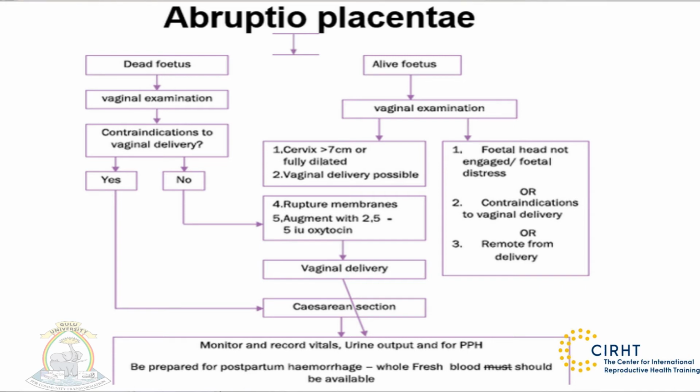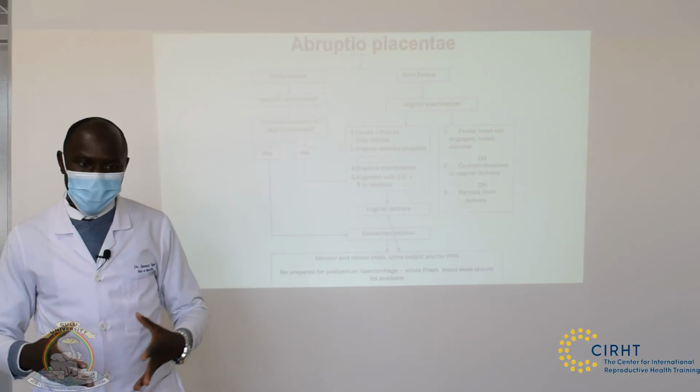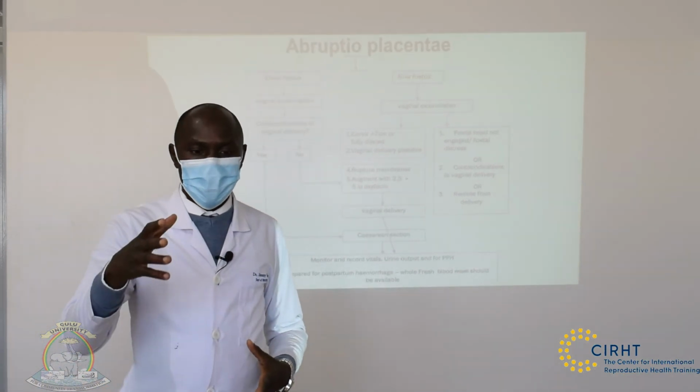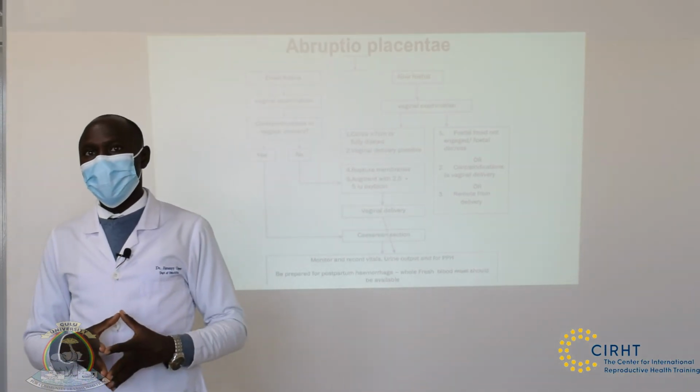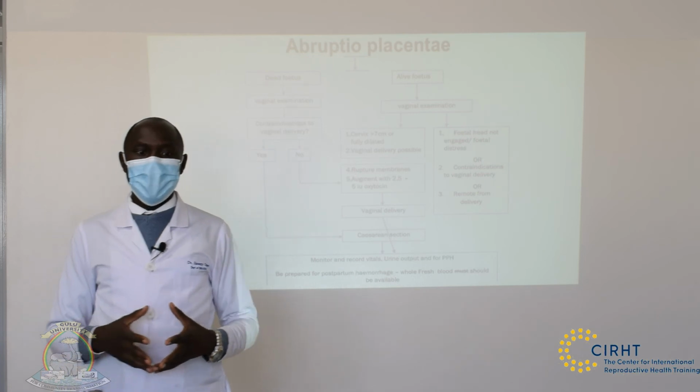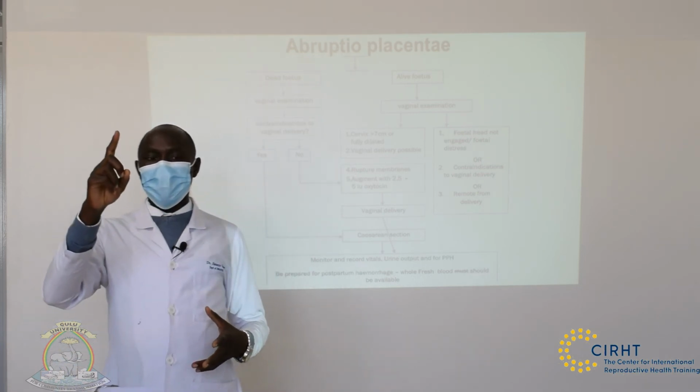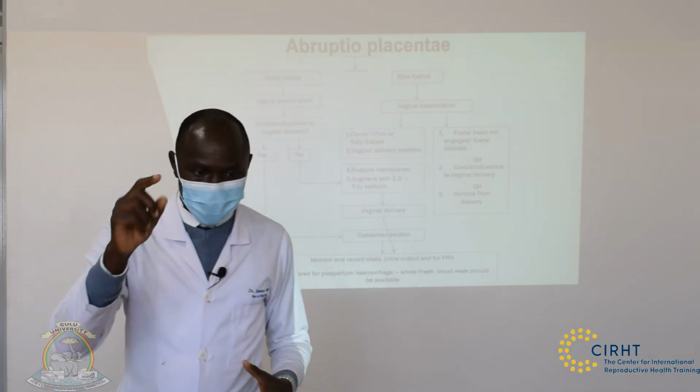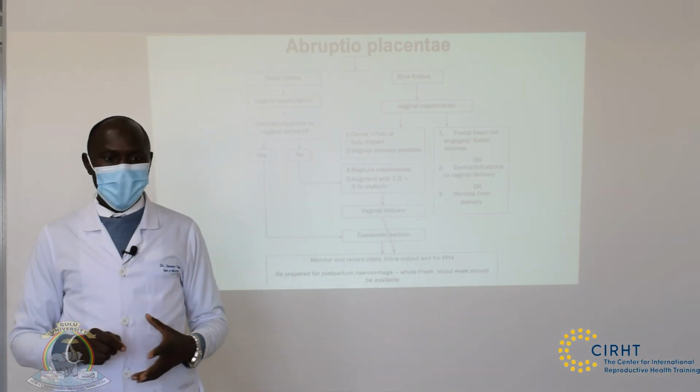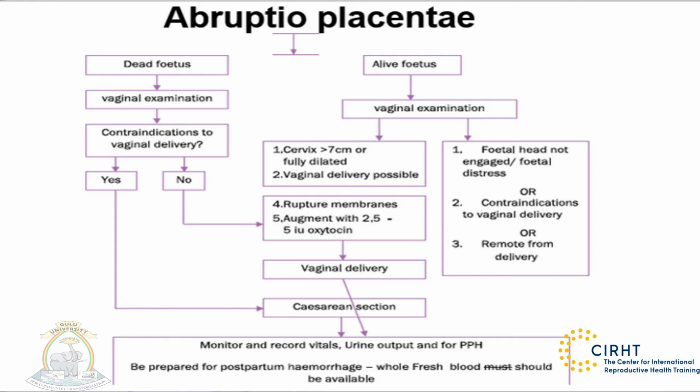The other thing is, if the fetus is alive, what do you do? Digital vaginal examination is not always advised unless you have ruled out placenta previa. However, if the cervix is already dilated more than 7 centimeters, or it is fully dilated, and vaginal delivery is possible, go ahead and deliver this mother.